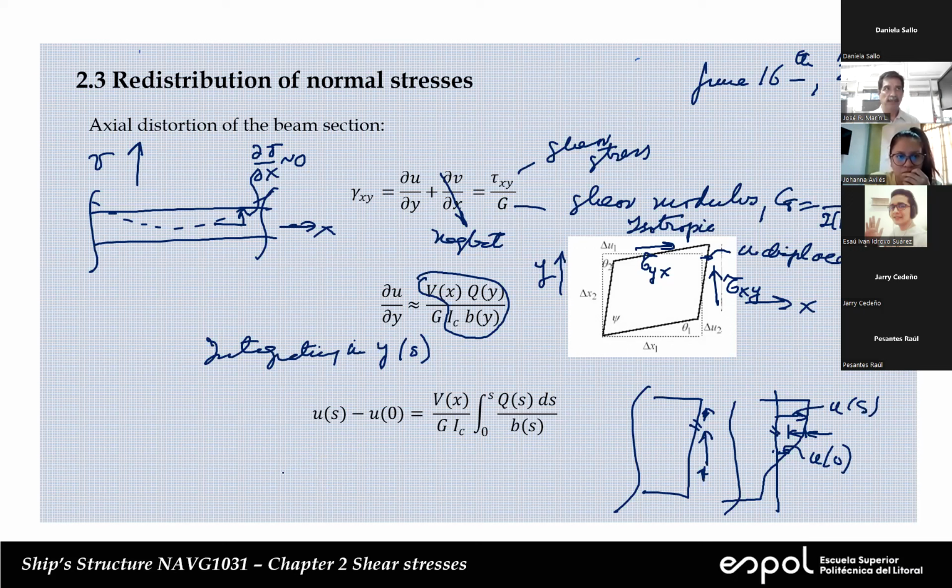Usually that's the way we do it, because it's quite difficult to know at what position U is 0. So we always take the difference. That's the expression that we want you to keep in your memory.